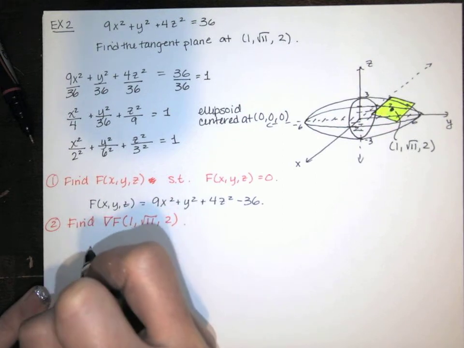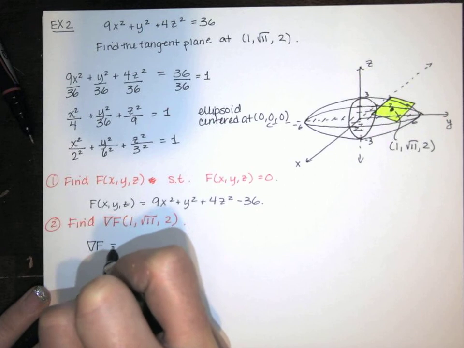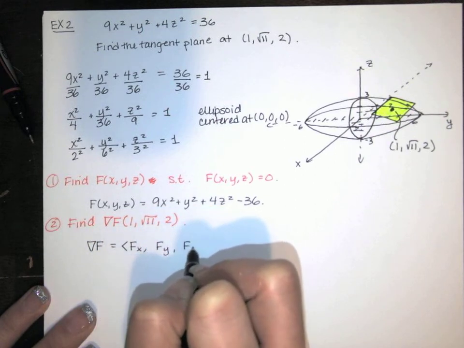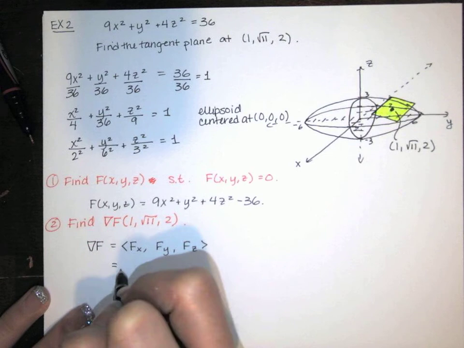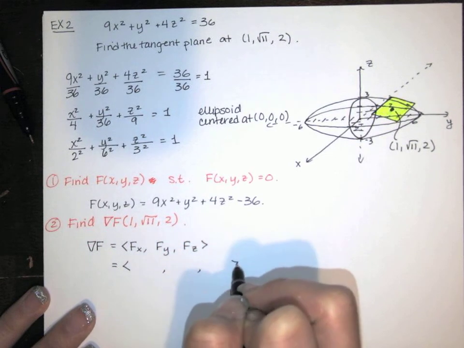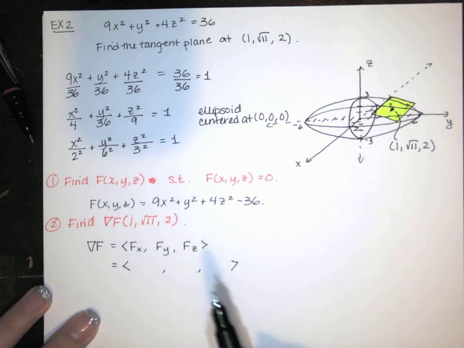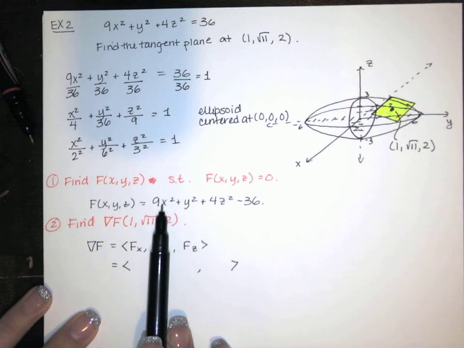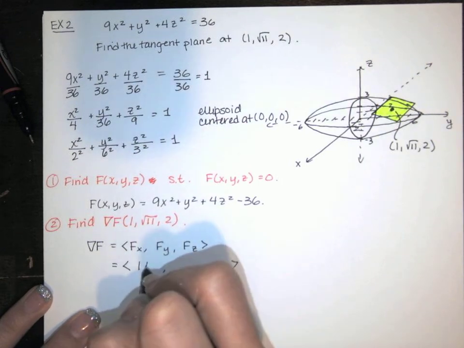So let's find the gradient of capital F. I need partials with respect to x, y, and z. Those are pretty easy to find because of the form of our surface. The derivative of this with respect to x is 18x.